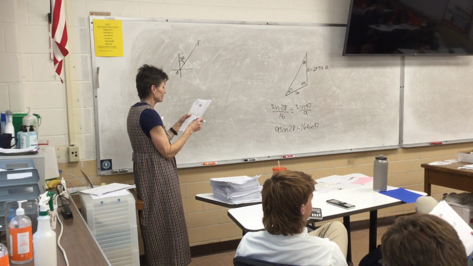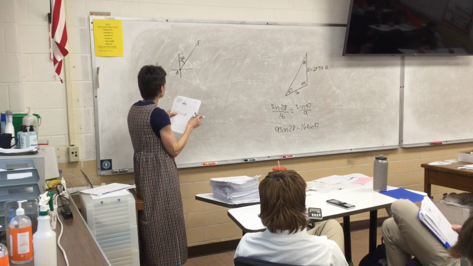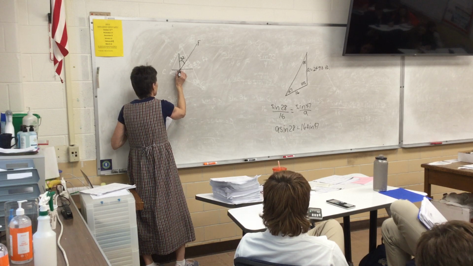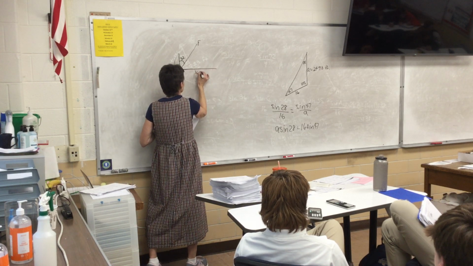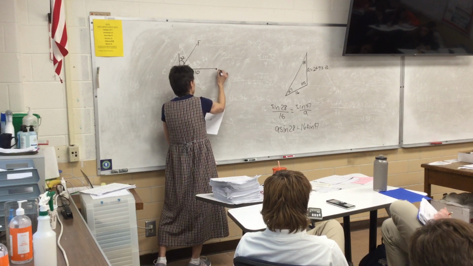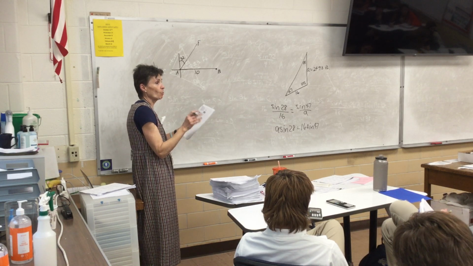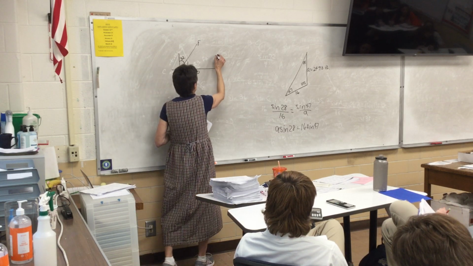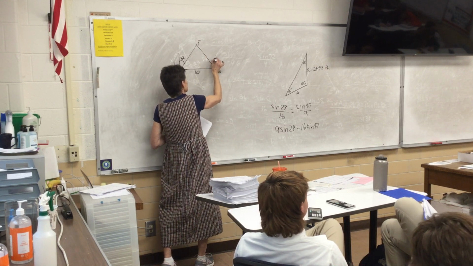Ranger Rick at Ranger Station B, 10 miles due east of A. So 10 miles, due east. Spots the fire 48 degrees west of north. So 48 degrees west of north.